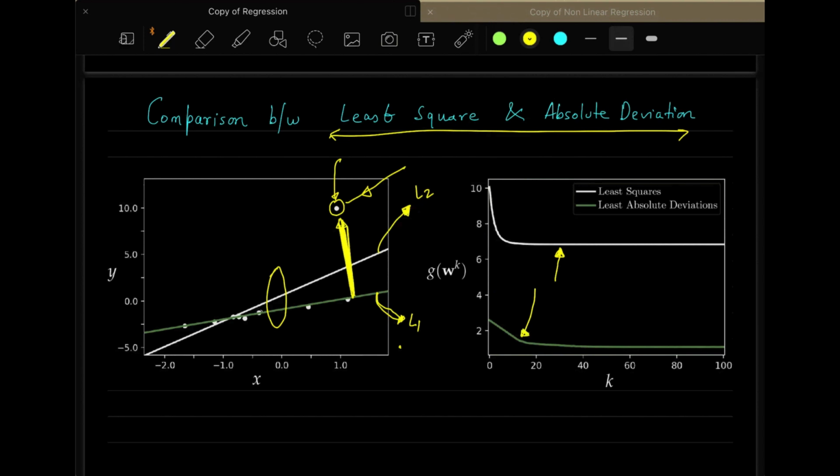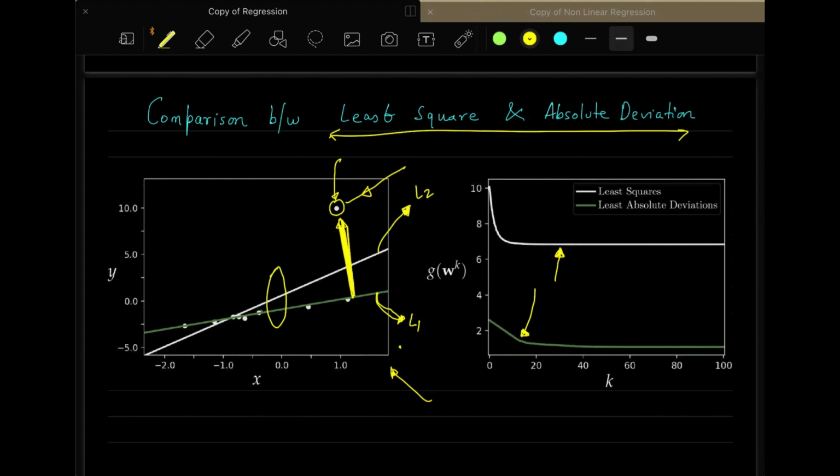It is less compared to this one. So this is the advantage of using least absolute deviation compared to using least square.